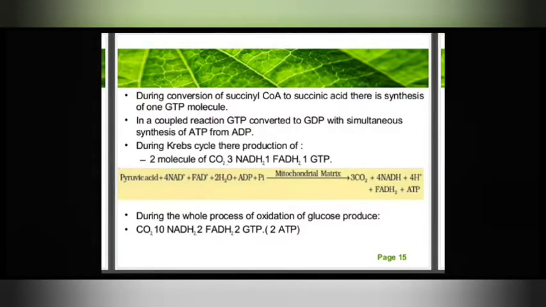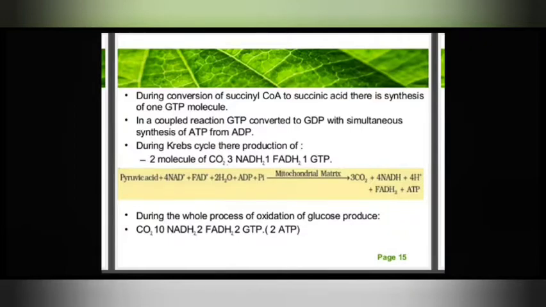And during the conversion of succinyl coenzyme A to succinic acid, there is synthesis of one GTP molecule. In a coupled reaction, GTP is converted to GDP with simultaneous synthesis of ATP from ADP. So you can see during the Krebs cycle, the production takes place in this form.